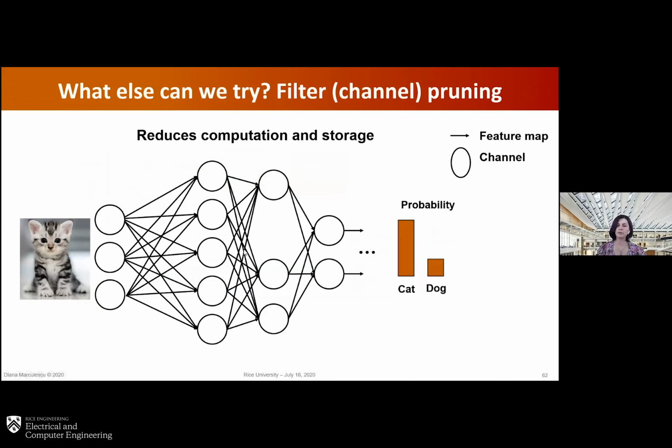By pruning channels, you do reduce computation and storage. However, that may hurt accuracy. So many times you need to retrain or fine tune, right? So you fine tune and then you recover some of the accuracy loss. In many cases, pruning allows you to reduce significantly the model size, memory footprint, latency, everything, and recover the entire accuracy through fine tuning. The problem is this fine tuning actually requires quite a bit of work.